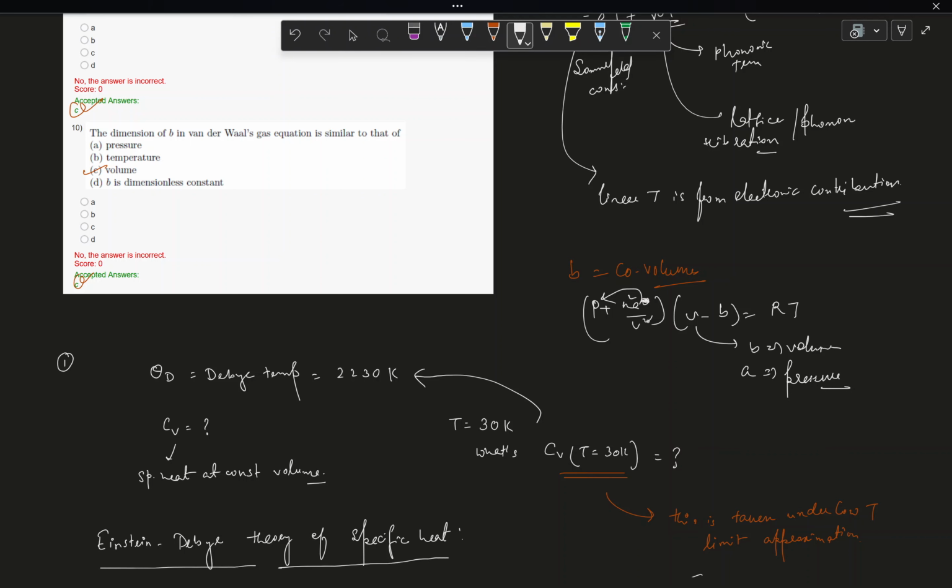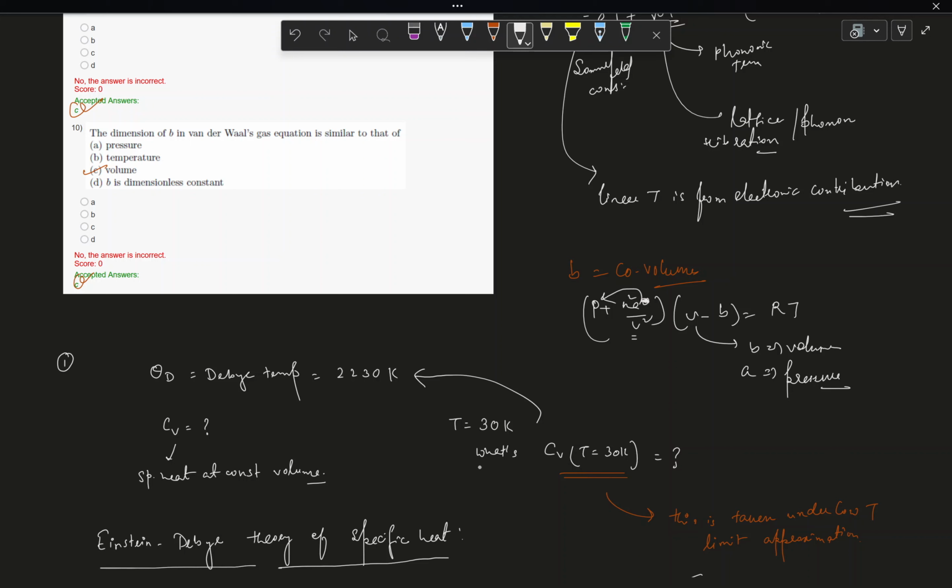So I will not say it has the dimension of pressure, because ultimately there are other terms also, P plus n square A by V square. So if you are considering the dimension of A, then you will also have to consider the V dimension here. But basically A is mostly related to the pressure term, because it comes from taking into account the finite interaction that is happening between the gas molecules, which was neglected in ideal gas behavior.